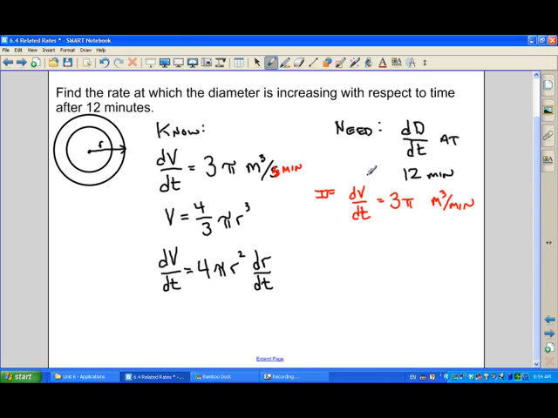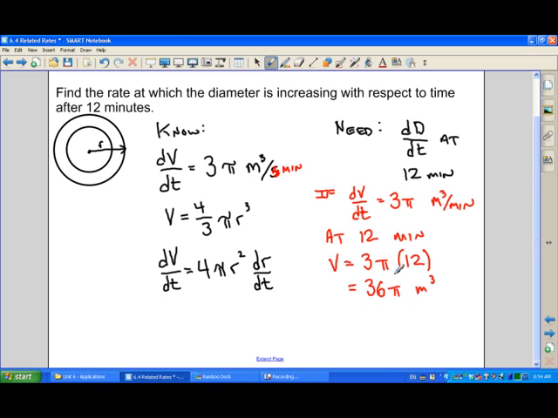We know that if the change in volume with respect to time is equal to 3 pi meters cubed per minute, at 12 minutes, volume will be equal to this rate of change, 3 pi, times however many minutes have gone by. So at 12 minutes, the volume is 36 pi meters cubed.